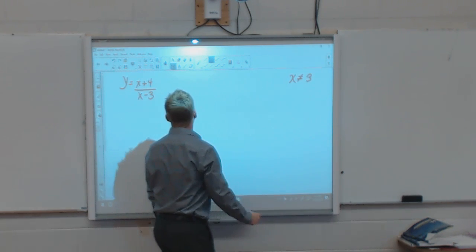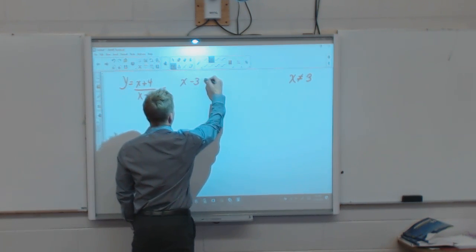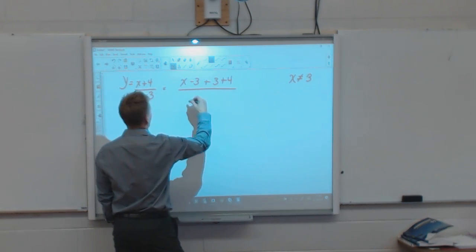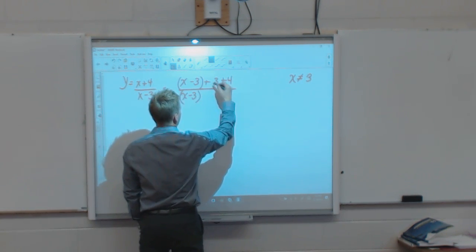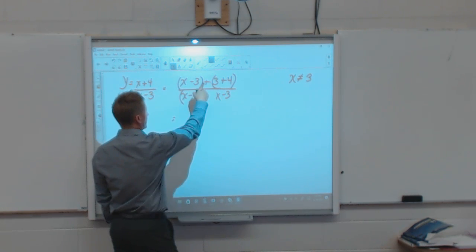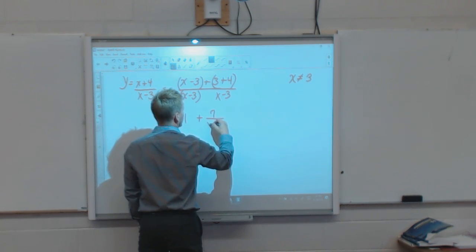Now, if I quickly do my little x minus 3 plus 3 add 4 and change it into the form I want, so it's over x minus 3, and then this is over x minus 3, I would be left with 1 plus 7 over x minus 3.